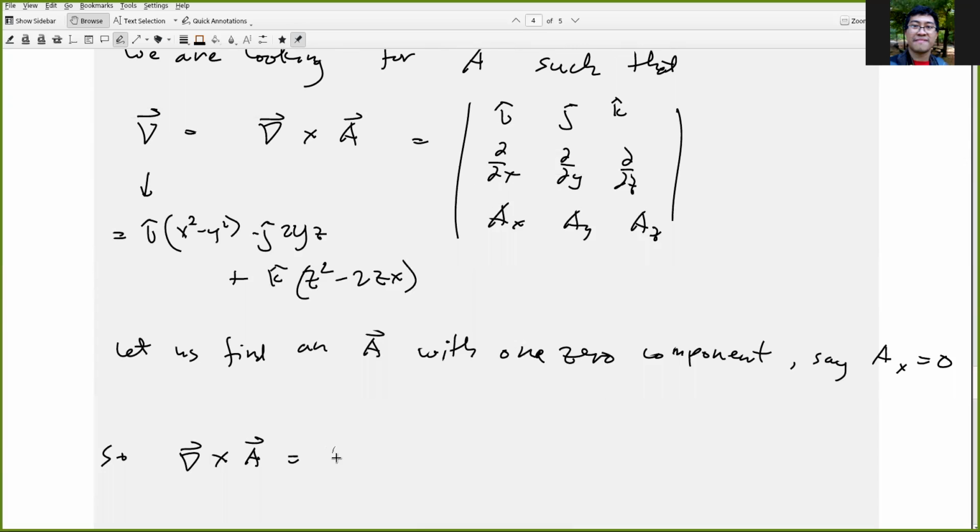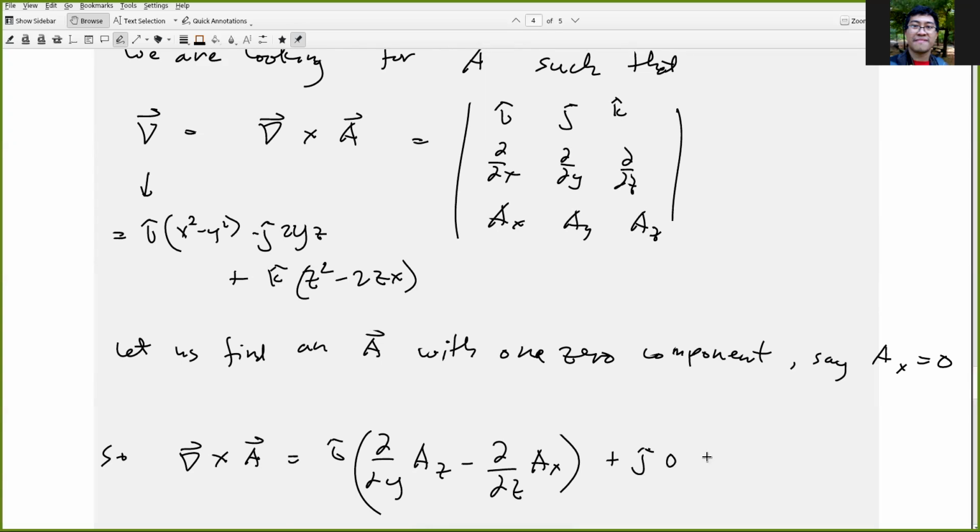So I, this and this: partial with respect to Y of AZ minus partial with respect to Z of AX, plus J, partial Z with respect to X, but that's 0.